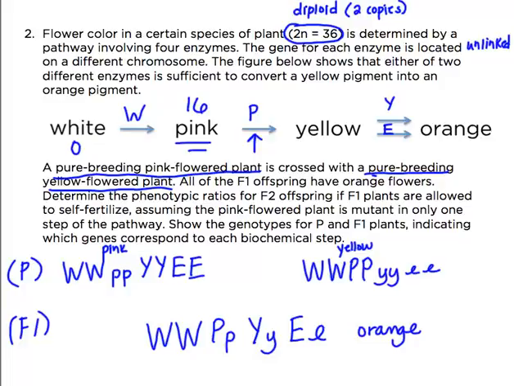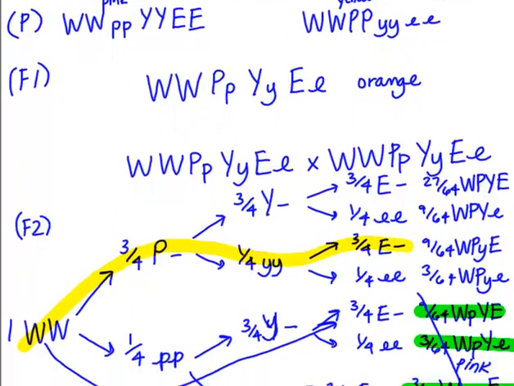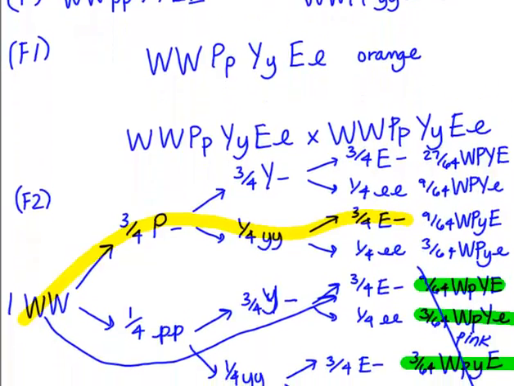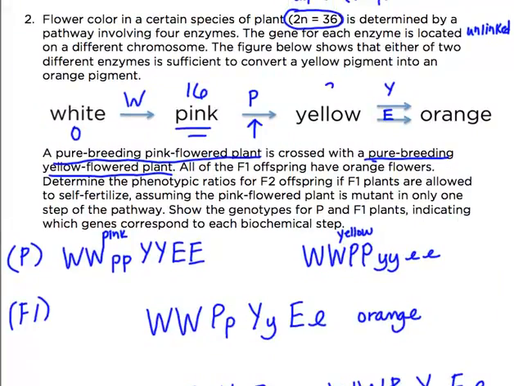So to find out how many yellows we have, we're going to see which ones are homozygous recessive for both Y and E. So I'll highlight those in blue. We're looking for the ones that are recessive in both Y and E, and that is just here. So that's 3/64. So we'll write 3 plants are going to be stuck having yellow pigmentation.